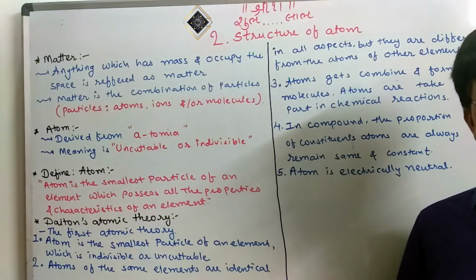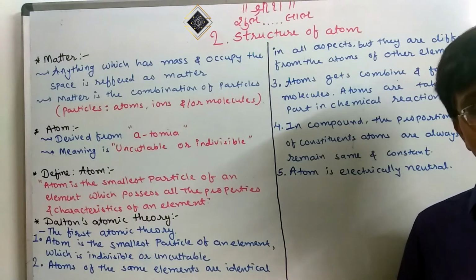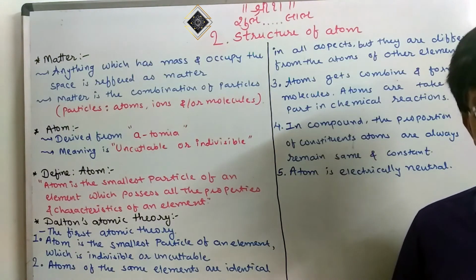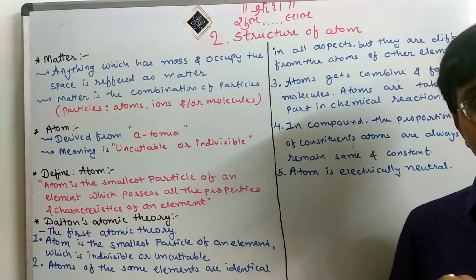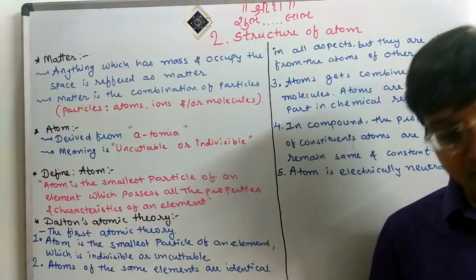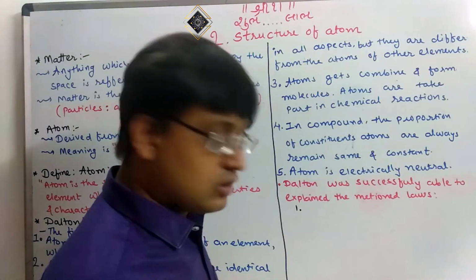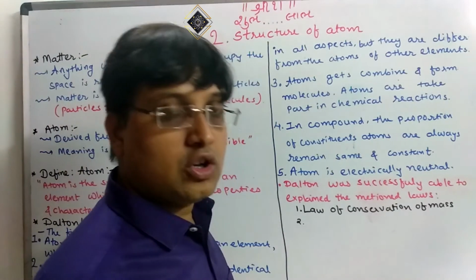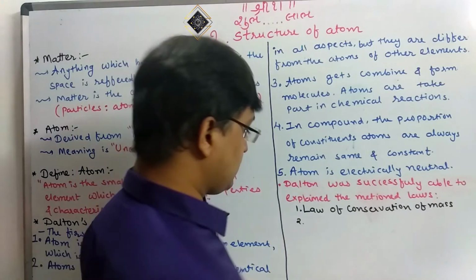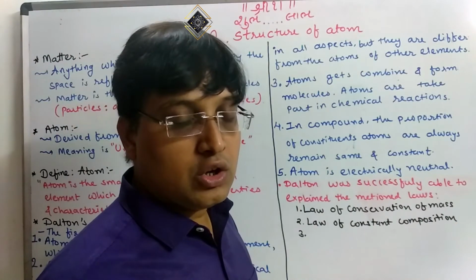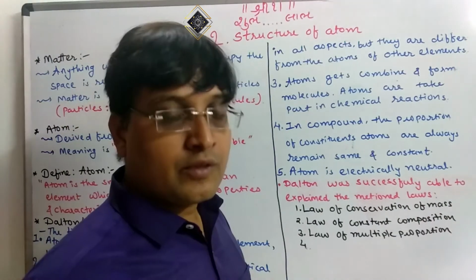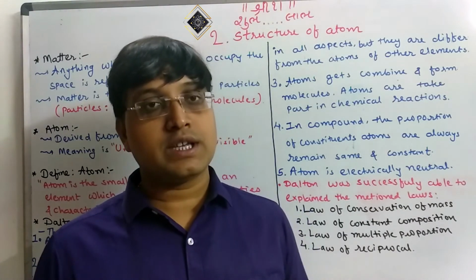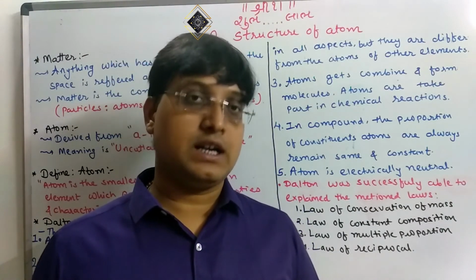I am just mentioning the names of the important laws which were successfully explained on the basis of Dalton's atomic theory. The first law is the law of conservation of mass. Second, law of constant composition. Third, law of multiple proportion. Fourth, law of reciprocal proportion. These are the laws that were successfully explained by Dalton.